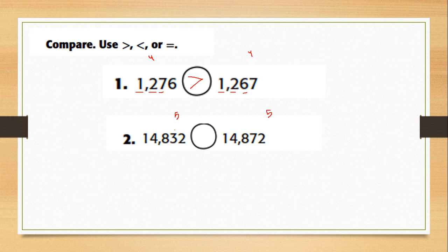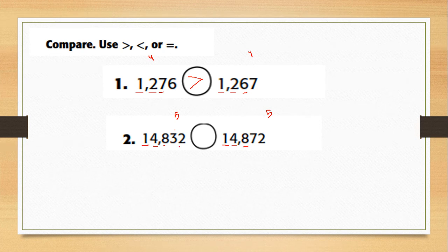So how can we compare? Let's look at the digits. We'll start from the left. Don't forget. Here we have 1, here we have 1. It's the same. Ignore and look at the next. Here we have 4 and here we have 4. The same. Ignore and look at the next. Here we have 8 and here 8.